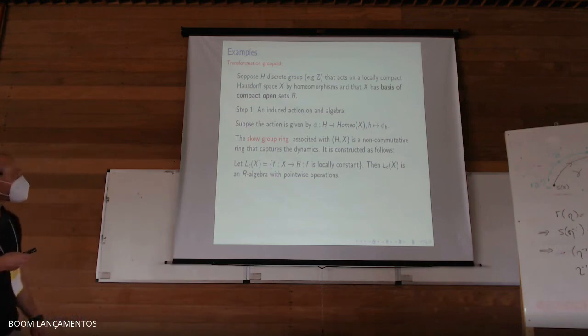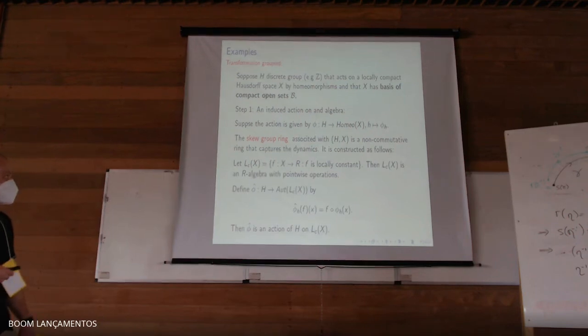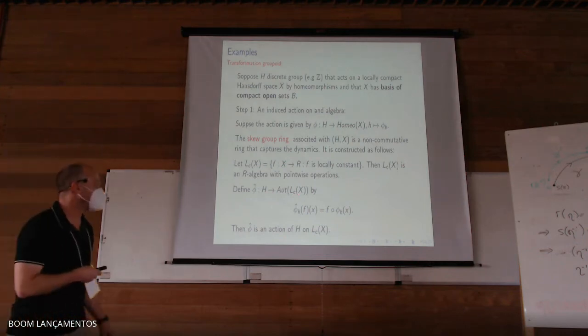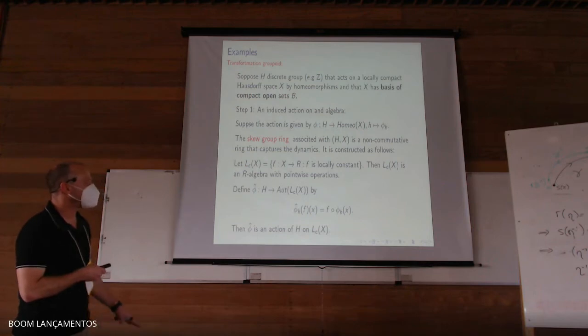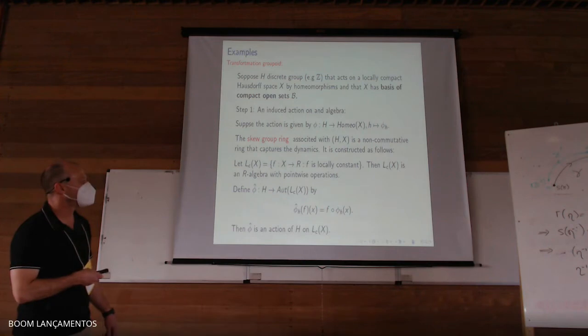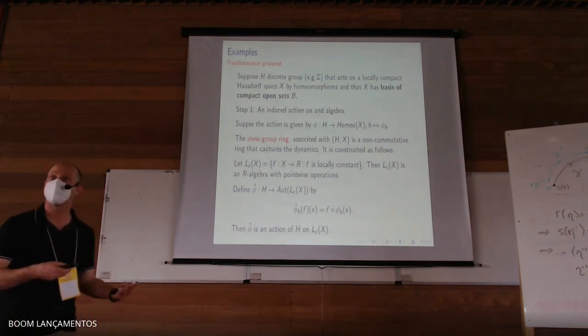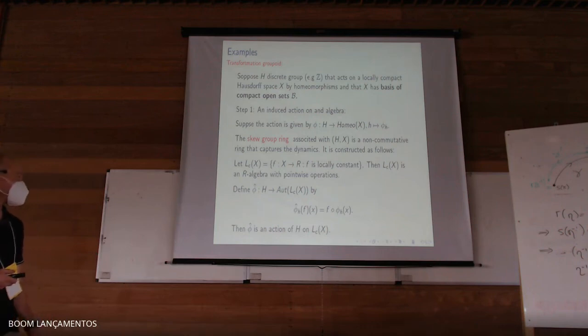So now this action induces an action of H on this R algebra, LC of X, in the following way. We define a map from H into the automorphisms of LC of X by declaring that phi hat of H of F applied to some X is just the composition of F with the homeomorphism phi H. Okay, in this way, we get an automorphism.